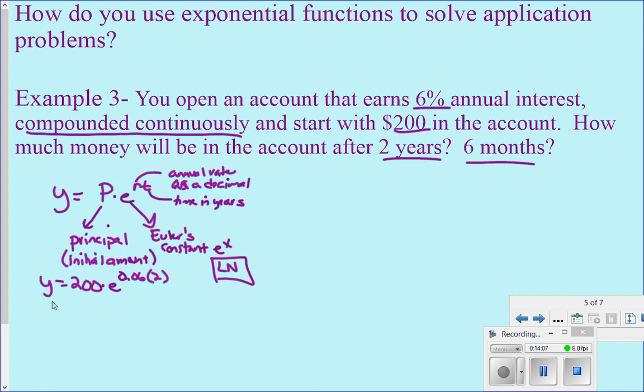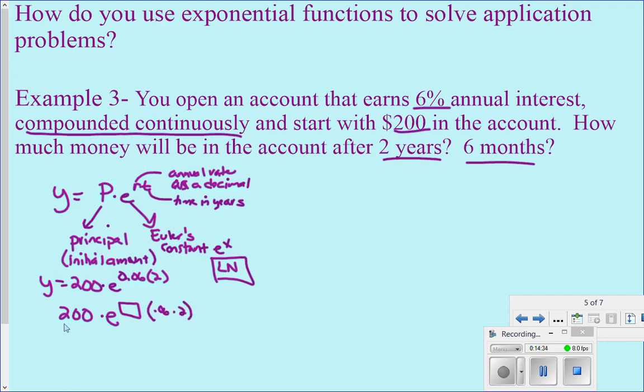So if you want to type this in your calculator, you're going to type 200. You're going to type times, and then you're going to do second and then that LN button. And then once you do that, on your screen will pop up E, and then there'll be a spot for you to fill in the exponent. So in that spot, you're going to put parentheses 0.06 times 2, end parentheses.